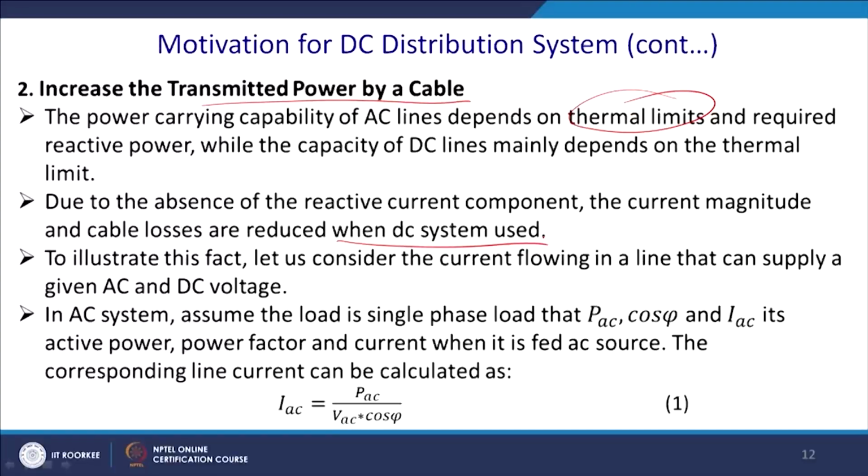To illustrate this fact, let us consider the current flow in the line that can supply given AC and DC voltages. In an AC system, assume the load is a single phase load, that is PAC, cos phi and IAC, its active power, power factor and current when fed from the AC source. The corresponding line current can be calculated as IAC equal to PAC by VAC into cos phi.